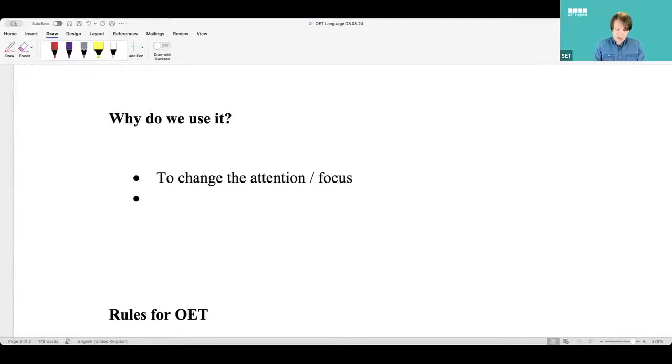So change the focus to the patient. And guys, this is very nice because really, is this a general English class? No. So why do we use it in OET? Why do we use it in medicine? To focus on the patient.